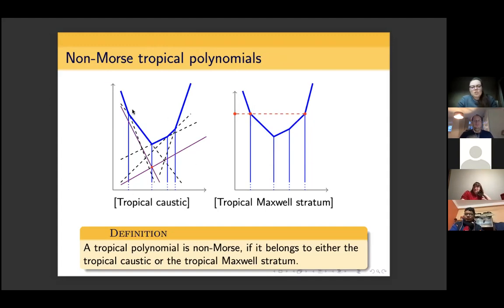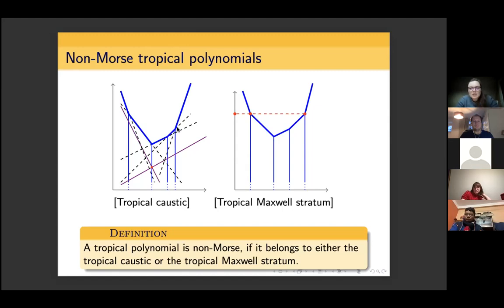And when it comes to the tropical caustic, it might be slightly more tricky, but the idea is as follows. At every root, we definitely know that there are two monomials that attain the same, maximal value. These two monomials show you the change of the slope.